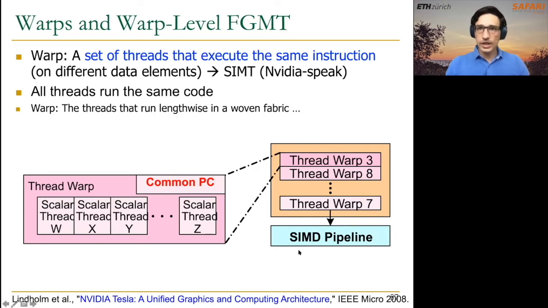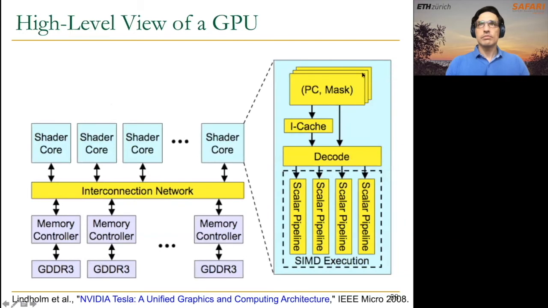Let's start taking a closer look at this SIMD pipeline of GPUs. This is a pictorial representation of a SIMD pipeline, and as you can see on the top, what we see are the architectural registers, like PC and mask, because recall this is SIMD execution, so we are also going to have a mask to handle things like branch divergence, as we will see in a few slides.